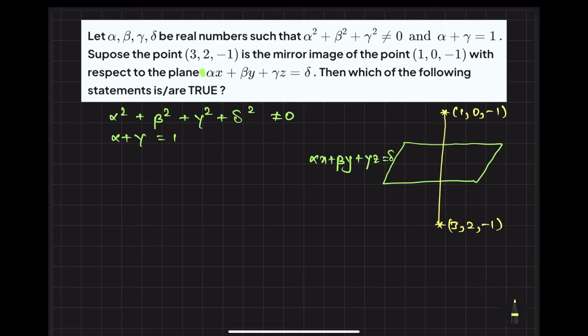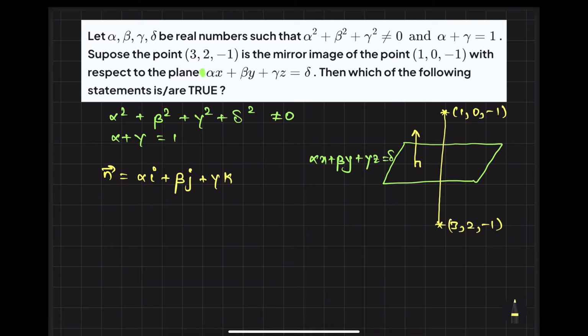Now, first, can you tell me a normal vector along this plane? So you will answer, sir, the normal vector will be alpha i plus beta j plus gamma k. Now don't you think the normal vector will be parallel to the yellow line?